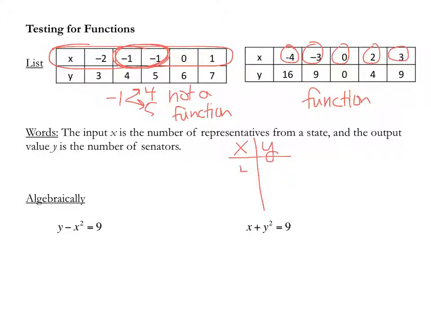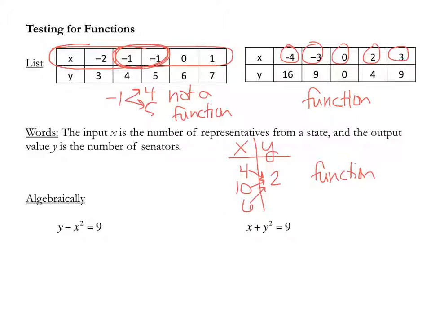So there could be something like 4 or 10 or 6. But senators is always the same. Senators is 2. So if we start to make a potential list and we look at this, these are all only going to have one place to go. There's only going to be 2 as the range. So every domain can only go to one range, so this is a function. Every input is only going to one output.